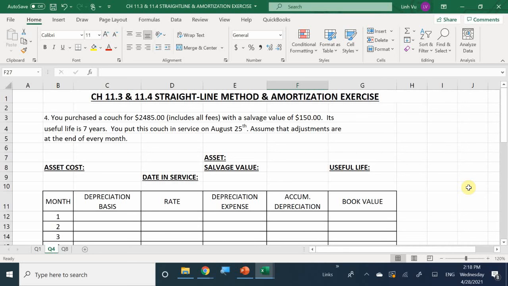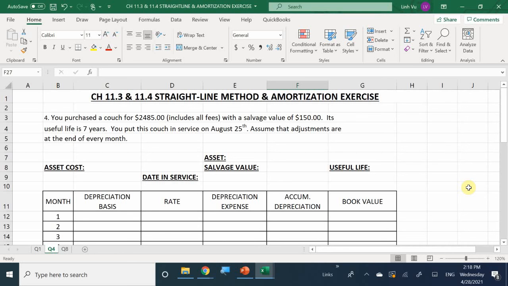It's a couch, of course, it should hold some sort of value. And its estimated useful life is 7 years. Remember, furniture is typically going to last quite a long time. So usually the Blue Book, like I've mentioned before, should last about 7 years, give or take, depending on how often you use it.